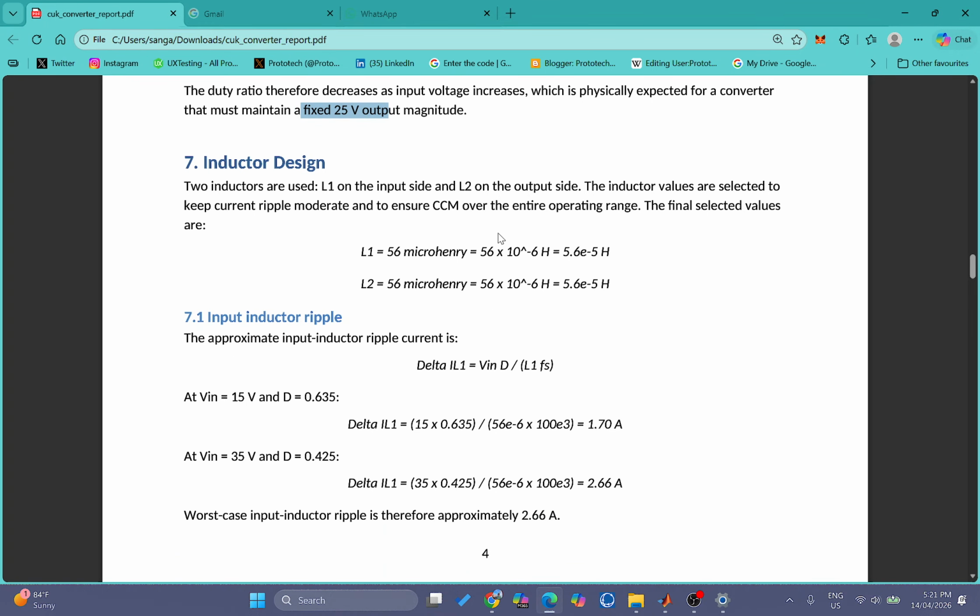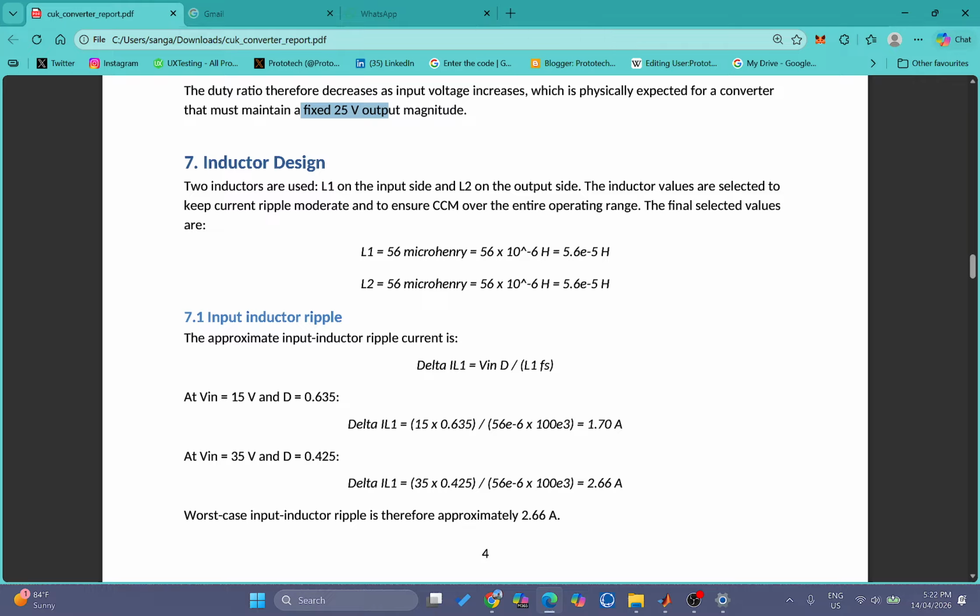Now, to calculate the inductor values, they are selected to keep the current ripple moderate, and we have to ensure it is CCM, continuous conduction mode, over the entire operating range.